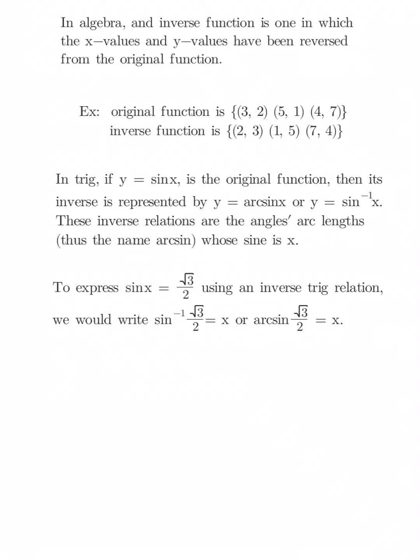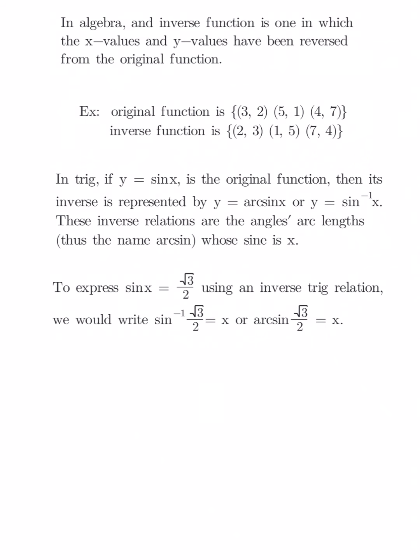If we wanted to take the expression sine of x equals square root of 3 over 2 and rewrite it using an inverse trig relation, we would write either sine inverse, with the -1 exponent, radical 3 over 2 equals x, or we could also write the word arcsine, radical 3 over 2 equals x.